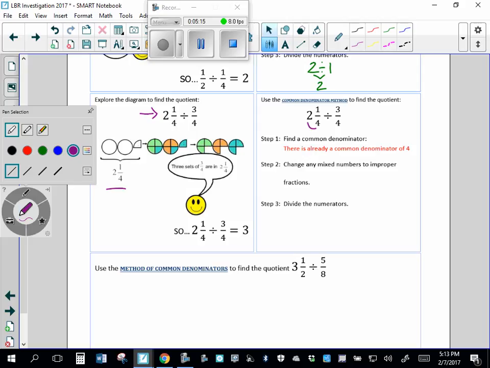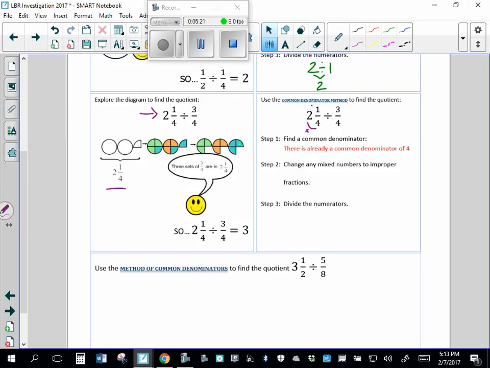So 2 1/4 becomes, you multiply 2 times 4 to get 8 and add 1 to get 9. So we have 9/4 divided by 3/4. And then step 3, divide the numerators.